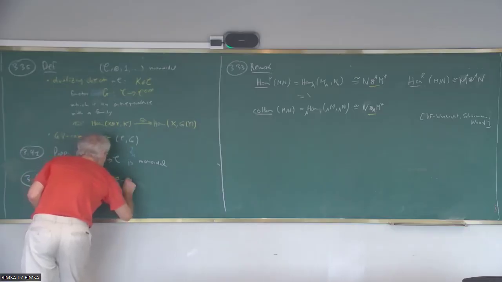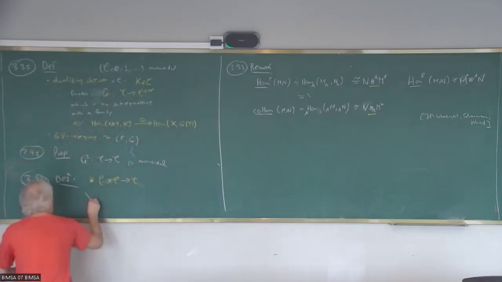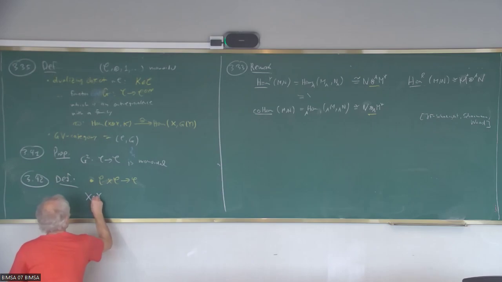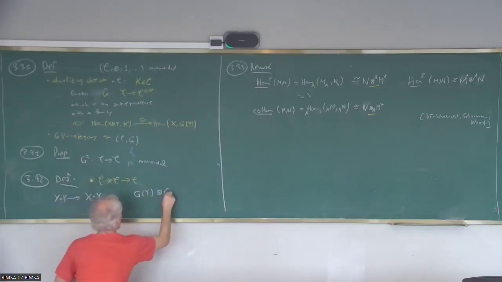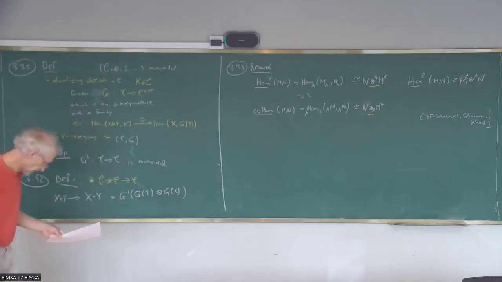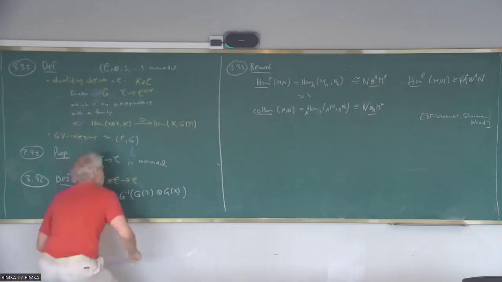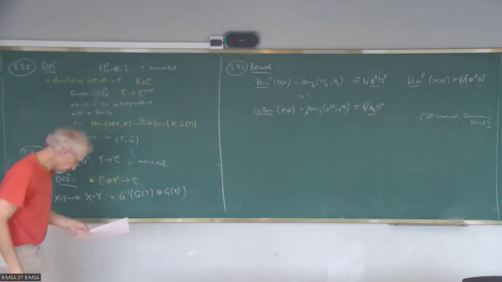So this is a functor from C times C to C, which on objects is given by sending X and Y to what I get by taking G of Y, tensoring it with G of X, in opposite order, and then using G inverse.